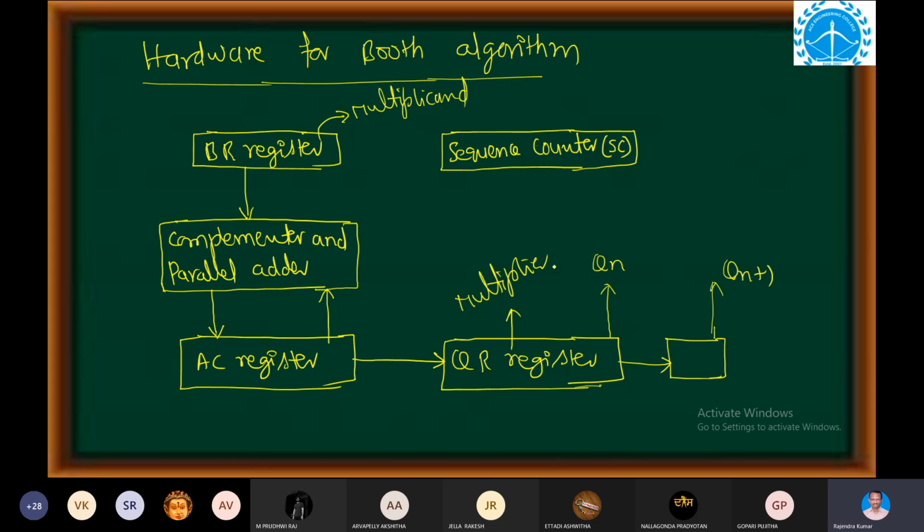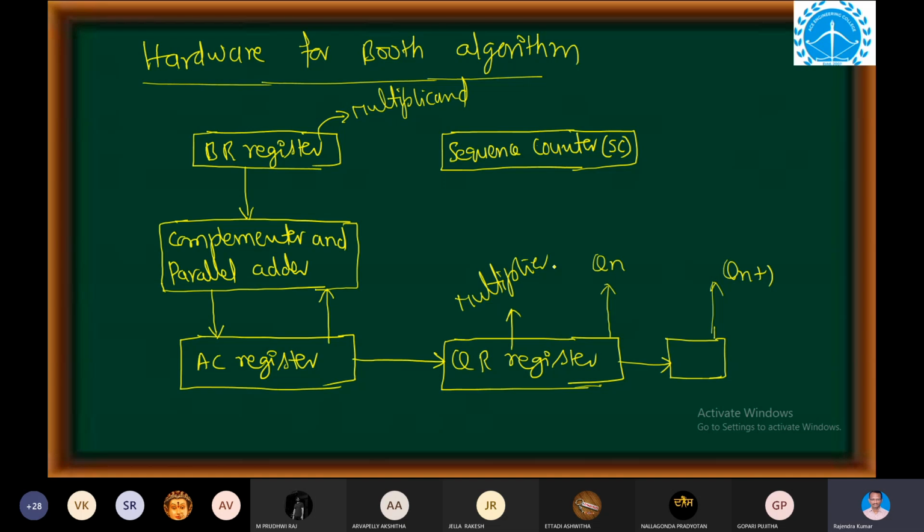The result is stored in the accumulator. Afterwards, we shift the contents of the accumulator register and QR register to the right by one.